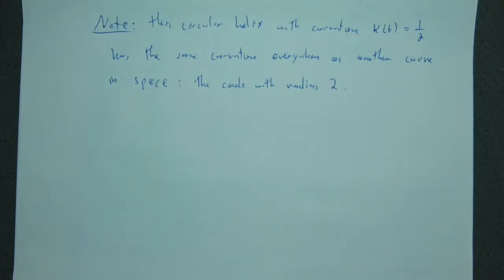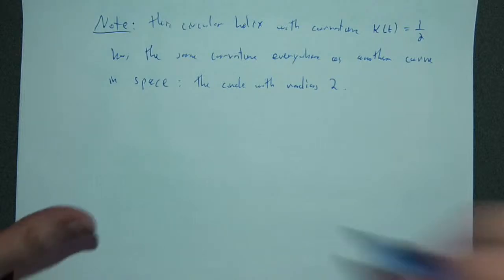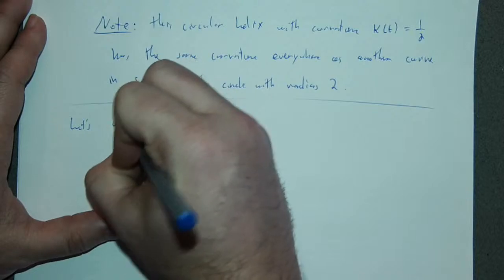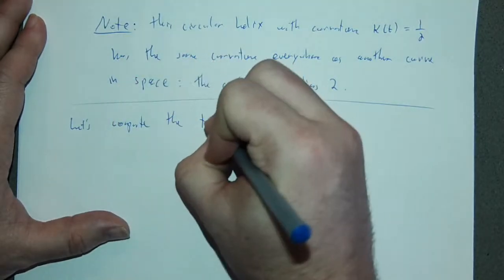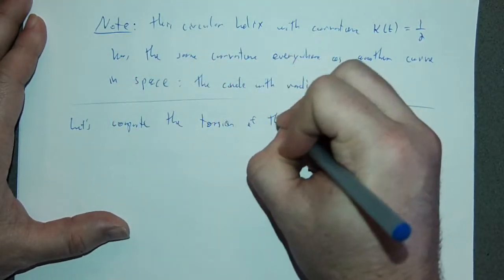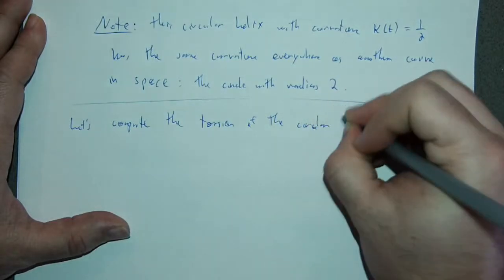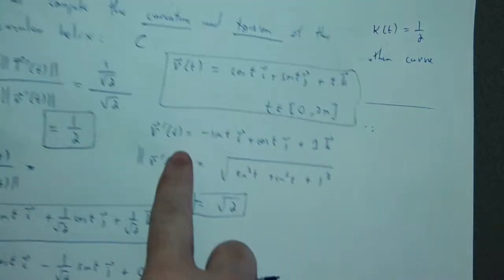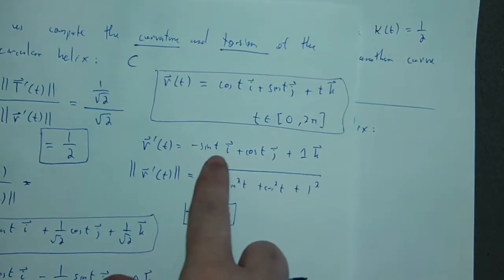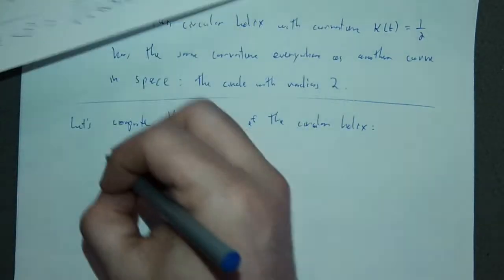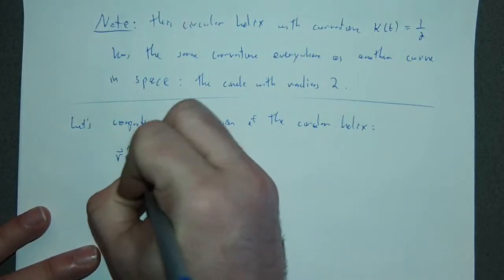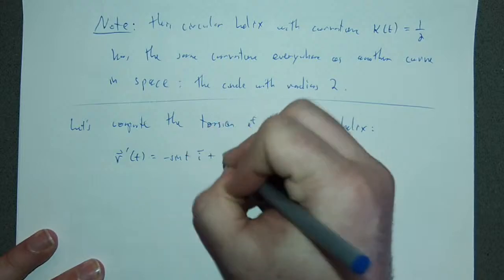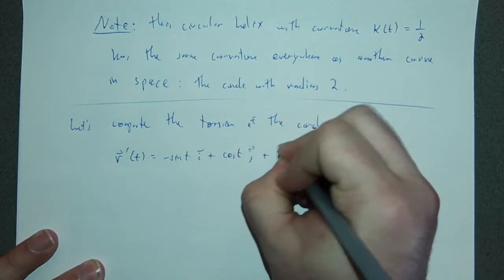So let's compute the torsion of the circular helix. As we saw already, let's just copy here. R prime of t is minus sine t i plus cosine t j plus 1 times k.